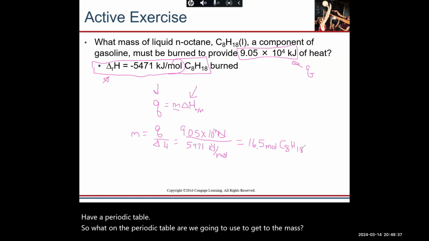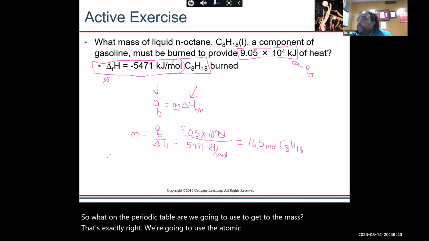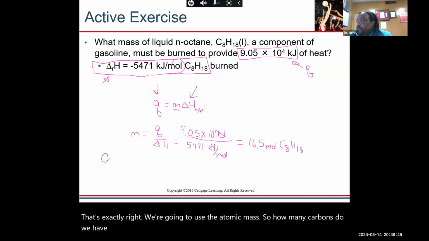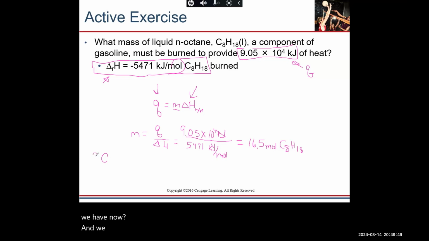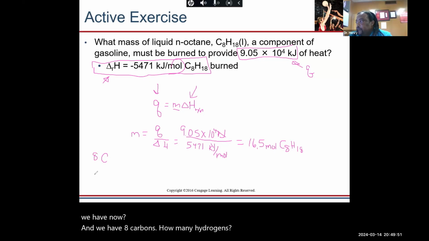Is it the atomic mass like what we did earlier? That's exactly right. We're going to use the atomic mass. So how many carbons do we have? 8. We have 8 carbons. How many hydrogens? 18. We have 18 hydrogens.